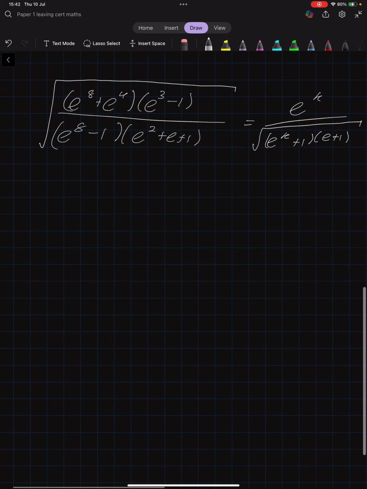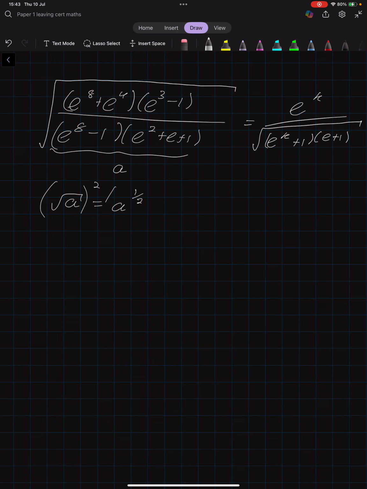So if I square the left-hand side, so remember, just say this thing is, I don't know, a, just because I can't be bothered writing it again. The square root of a, that's a to the power of a half. So if I square it, I basically get rid of the square root.